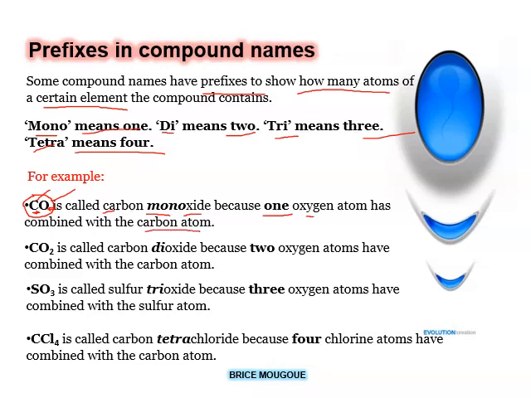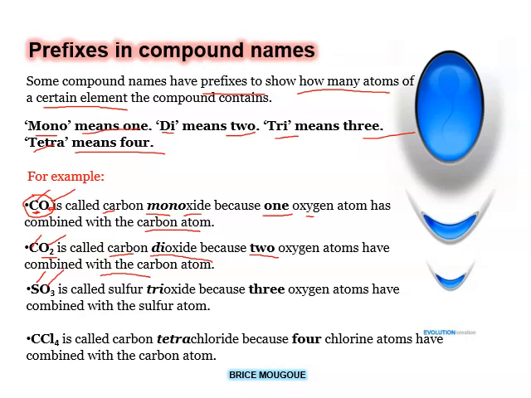In this case, I have 1 carbon, and my subscript here shows me that it's combined to 2 oxygen. Hence, I'll call this carbon, 2 is di, carbon dioxide, because now 2 oxygen atoms have combined with the carbon atom. And here I have 1 atom of sulfur and 3 atoms of oxygen.